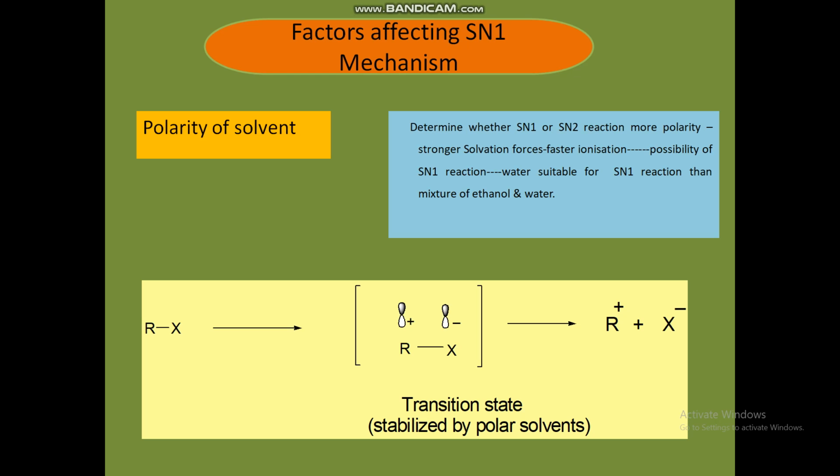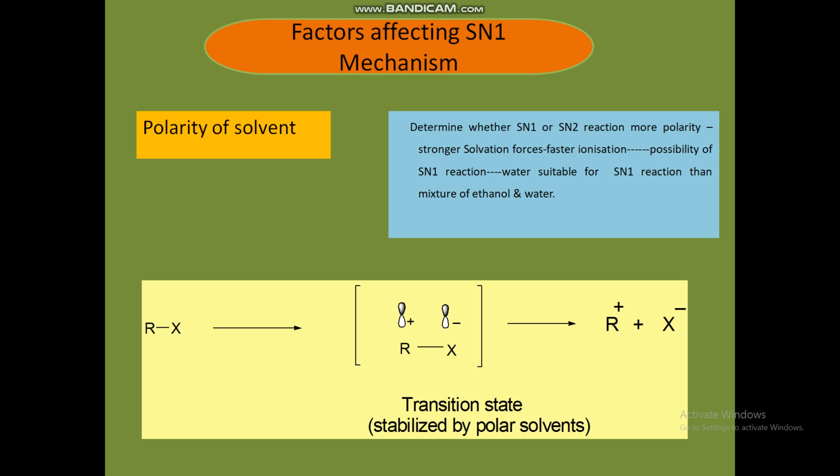The more polar the solvent, the stronger the solvation forces, and the faster the ionization. So faster ionization means more possibility of an SN1 reaction.